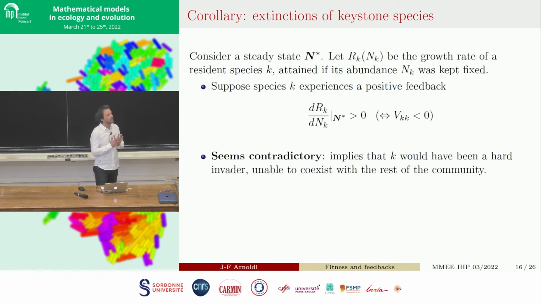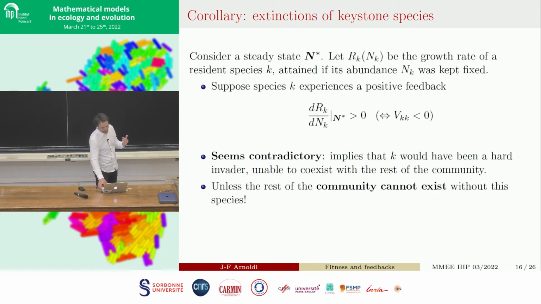This seems contradictory to the assumption that I'm looking at a steady state, because it implies that if there had been such a resident species, in the moment where it was invading the community, it would have been what I call a hard invader, an invader that has positive feedback. And so it would not have been able to coexist with the rest of the community. But I see it coexist with the rest of the community. So either this situation cannot exist, or if it does exist, it means something else entirely.